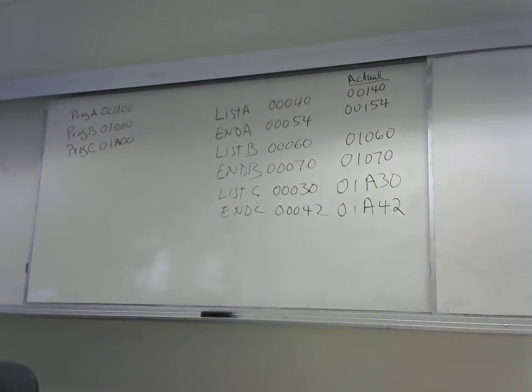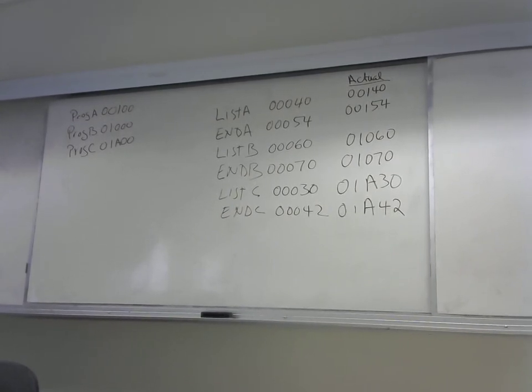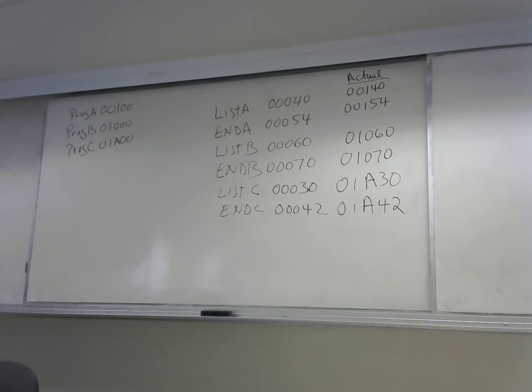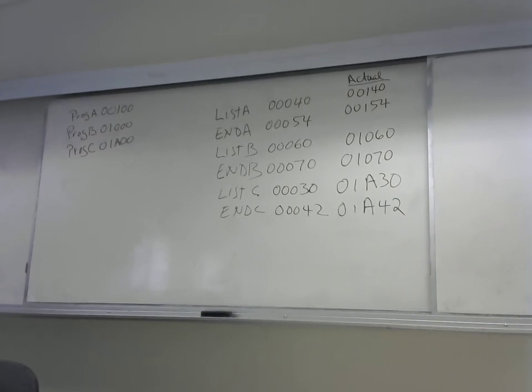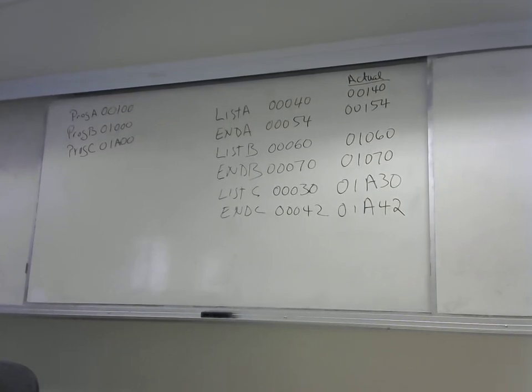So I'm going to look at a modification record. This is what you process. You do not go through here looking for those symbols and change things. No, what you do is process the modification records. The first one says, go to address 24, take 5 half bytes and add list B to it.